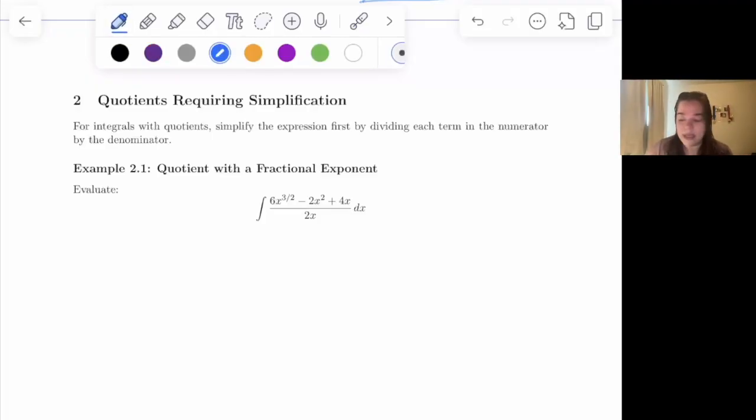So what do we do then? How do we proceed to find big F, or find an antiderivative? And the answer first is algebraic simplification. So back to algebra before we begin our calculus.